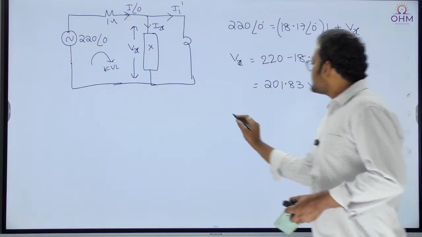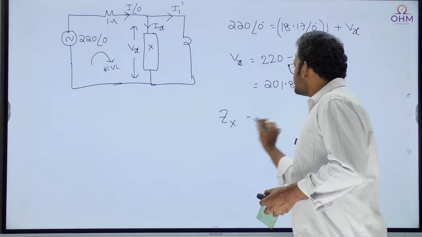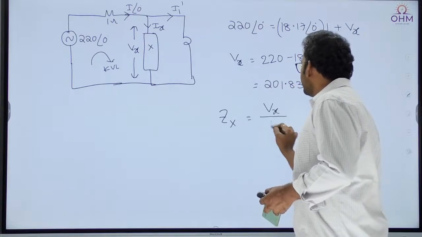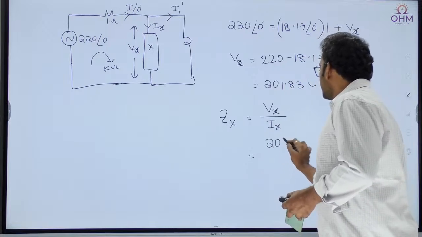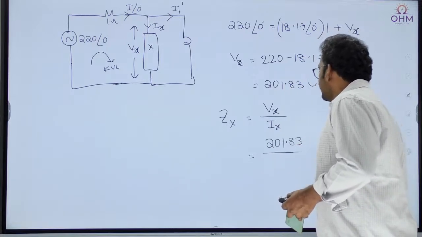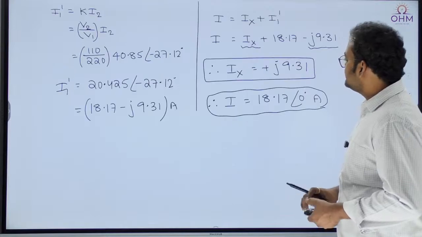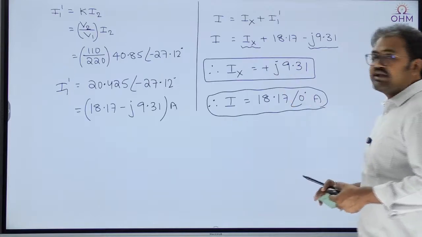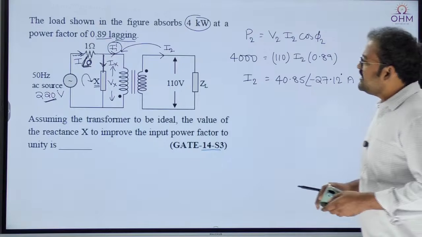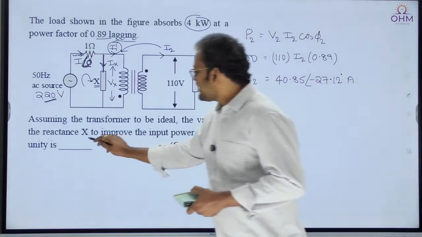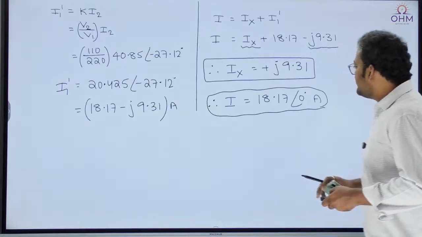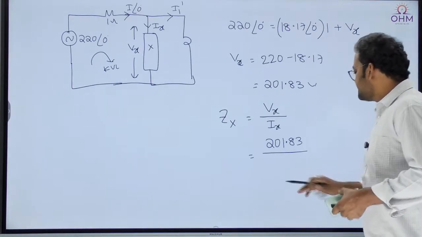So the moment you know Vx, what is the impedance of X? That is Vx divided by Ix. So what is Vx? 201.83 divided by, what is Ix we got? Ix is j9.31. I think I need only the magnitude of the reactance. Anyway, I will substitute j9.31.